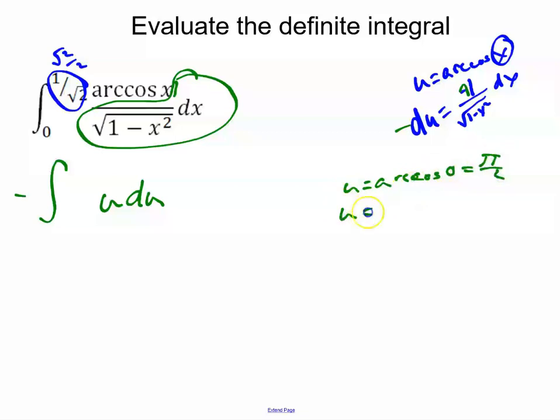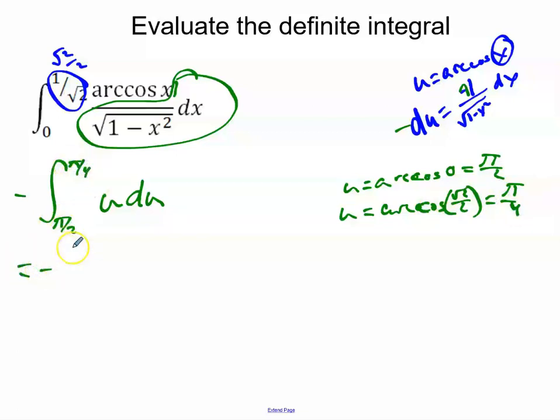And then the other limit is arc cosine of square root of 2 over 2. Again, you could put it as 1 over square root of 2, but if we're looking at our unit circle, this is how it's going to be written, and that's pi over 4. So this is going to become pi over 2, and this is going to become pi over 4.